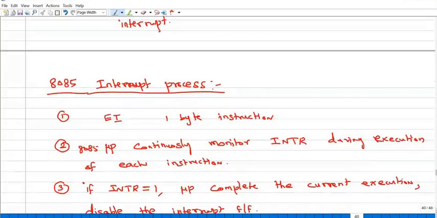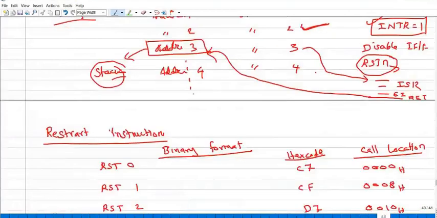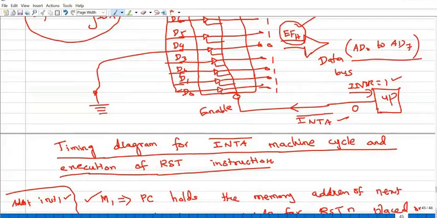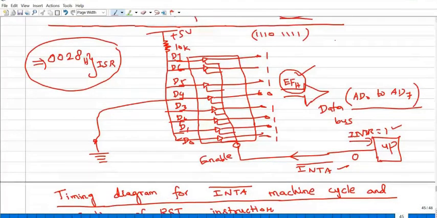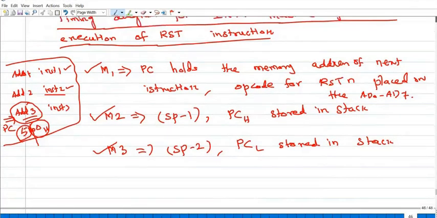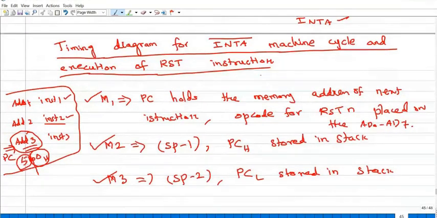Then how does the microprocessor handle the interrupts? In each RST instruction, the memory location, the opcode, and a simple circuit implementing the RST 5 instruction. What happens internally inside the microprocessor whenever the INTR line is high? Then how to draw the timing diagram for the INTA acknowledgement signal along with RST instruction execution. Your M1 cycle is equivalent to your INTA acknowledgement cycle.